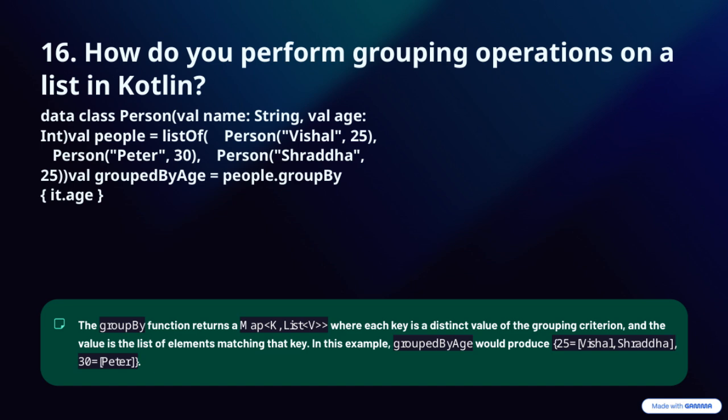This makes it easy to organize and access data based on shared attributes. It's a great tool for performing grouping operations on lists, especially when you want to categorize data efficiently. This concept ties into the overall theme of data manipulation and making your data more accessible and manageable.